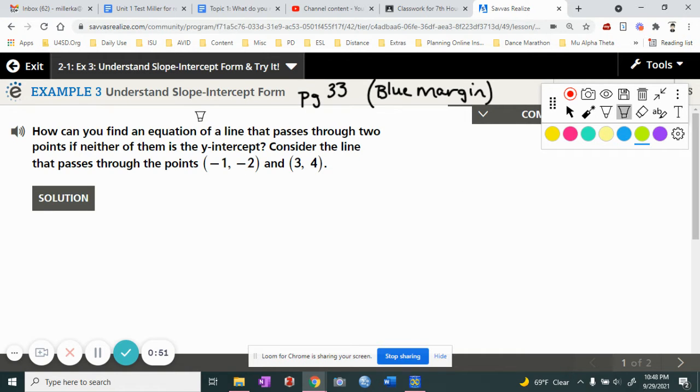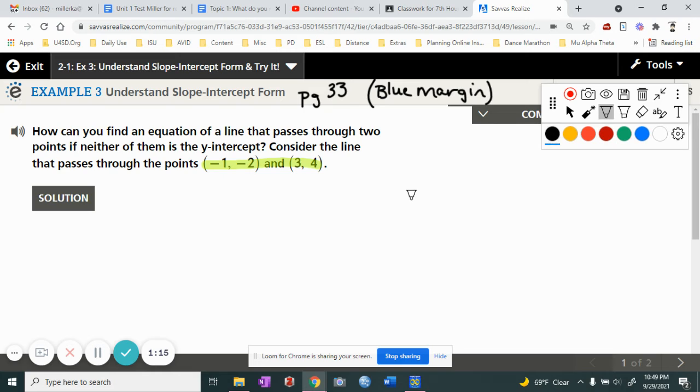We are looking to write the equation of a line that passes through 2 points. Neither of the points is the y-intercept, and we're not given the slope. So we're going to look at the line that passes through (-1, -2) and (3, 4). What I highlighted here in green is what I want you to write down in that margin.